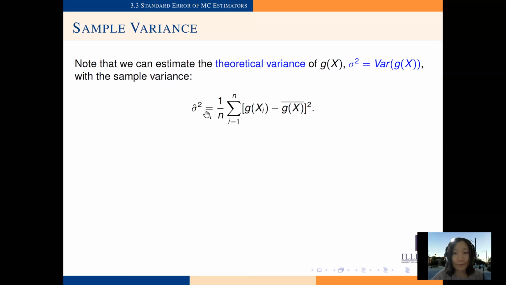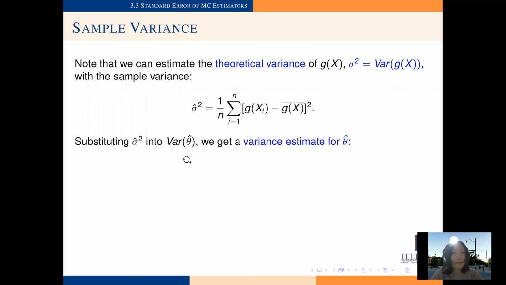And this is given by the sum from 1 to n of g(x_i), the individual samples, minus the sample mean, squared, divided by n. So that's the variance formula you are familiar with.